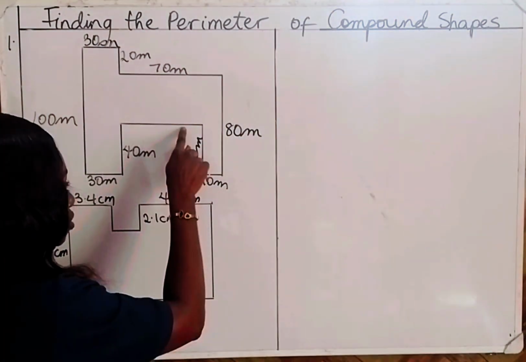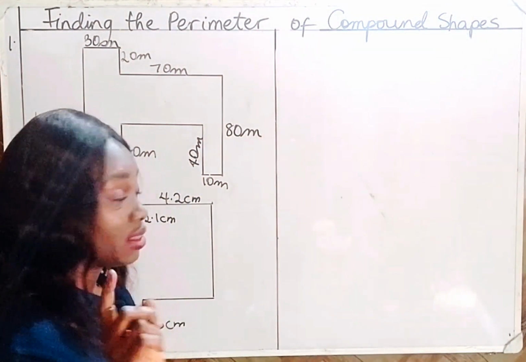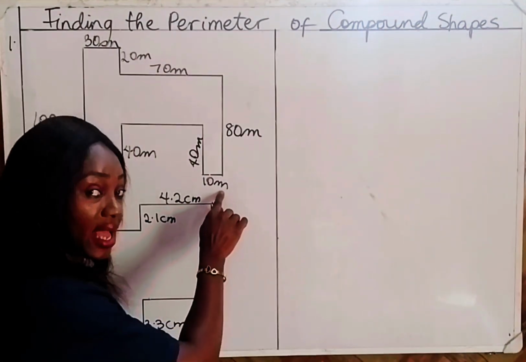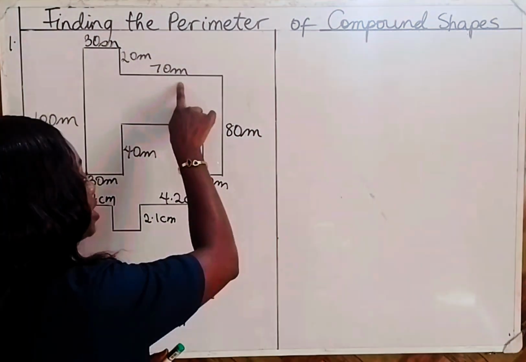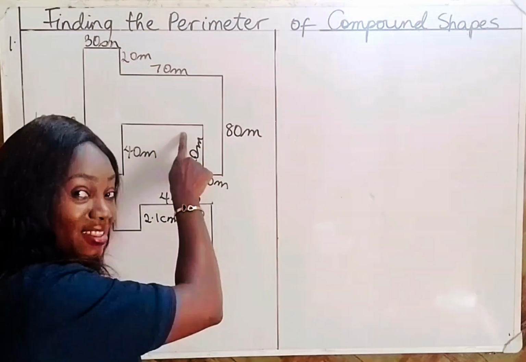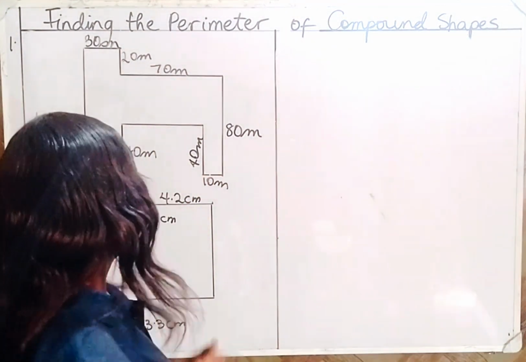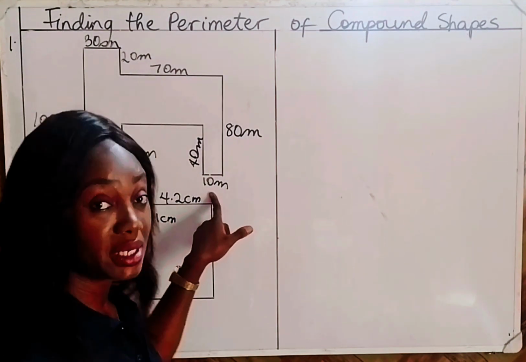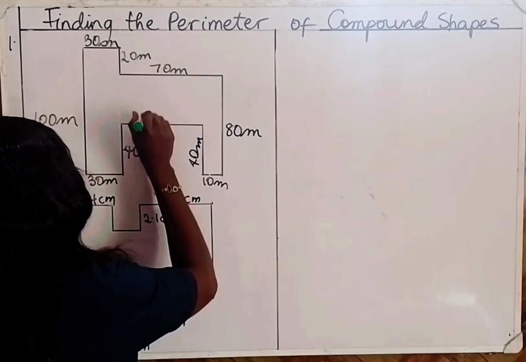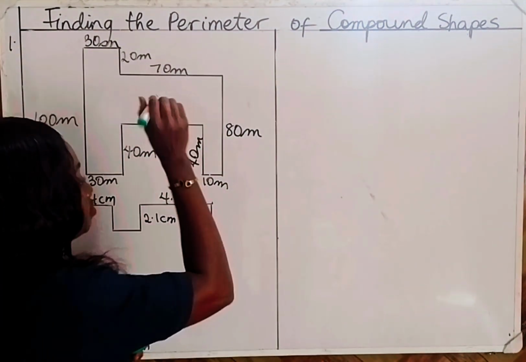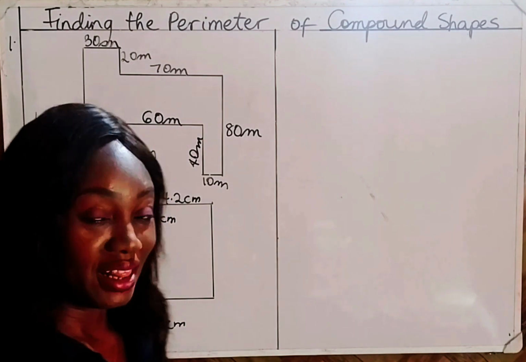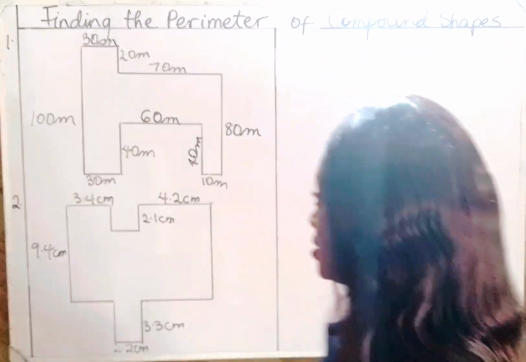This simply means that we're going to take away this length from this length. 70 meters minus 10 meters will give us 60 meters, and that's the length for that unknown side.